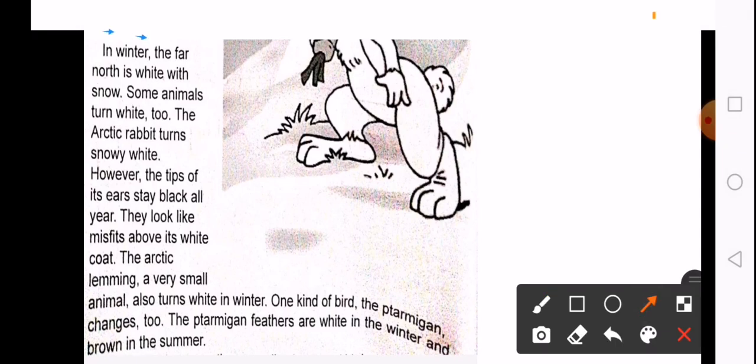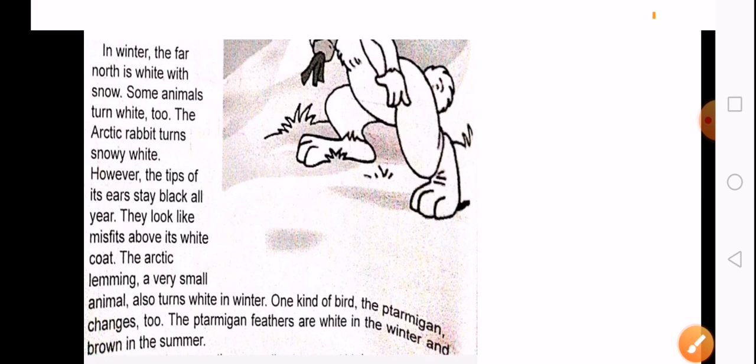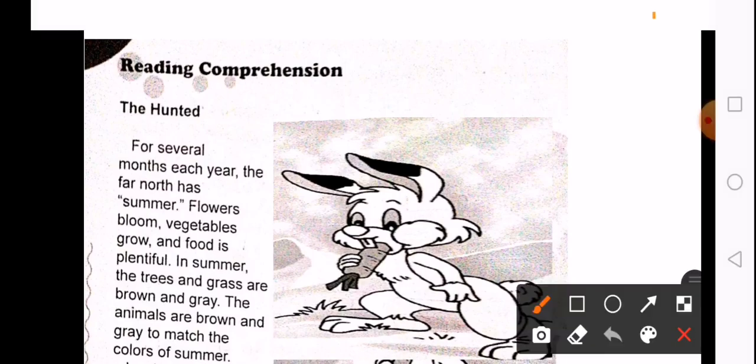In winter, the far north is white with the snow. Some animals turn white too. The Arctic rabbit turns snowy white. Sorry, I want to repeat it from the beginning.